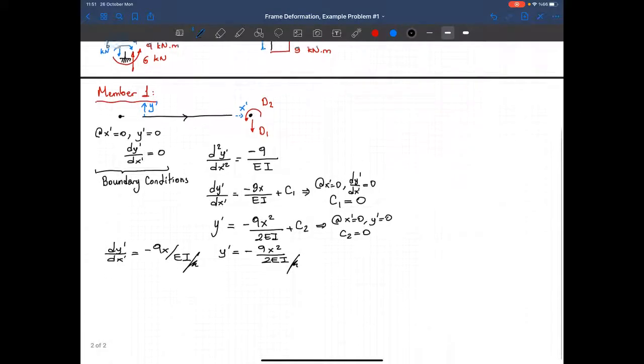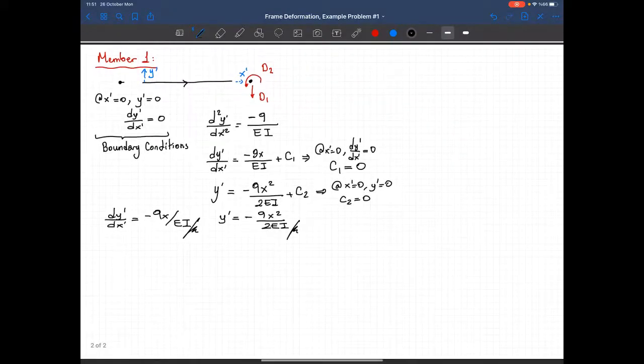Okay? Now, I need the values of d1 and d2. So I have to calculate this rotation and the translation at the end of the member. Remember that this distance is 3 meters.